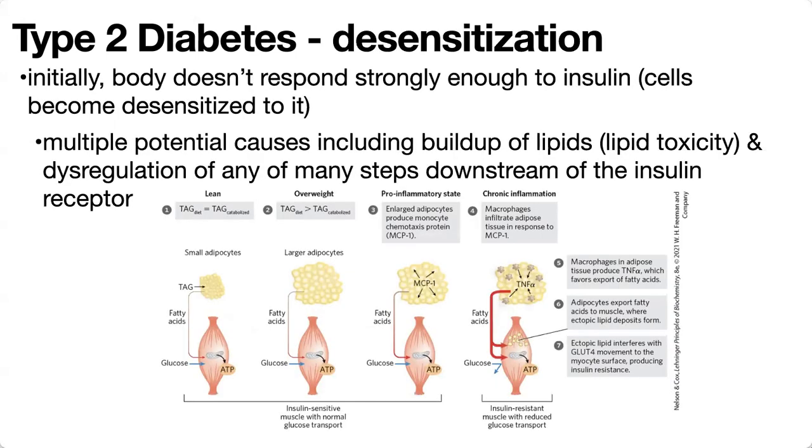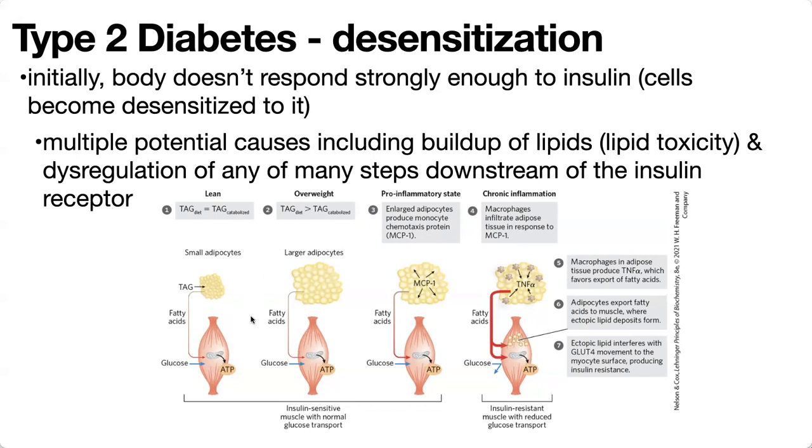Let's start with the desensitization. There are a variety of theories for this, and it's probably multifactorial, so multiple things are contributing. One of the ideas is lipid toxicity. This makes the connection between obesity and diabetes, or one of the connections. If you have too much fat, your adipocytes are going to send out fatty acids.